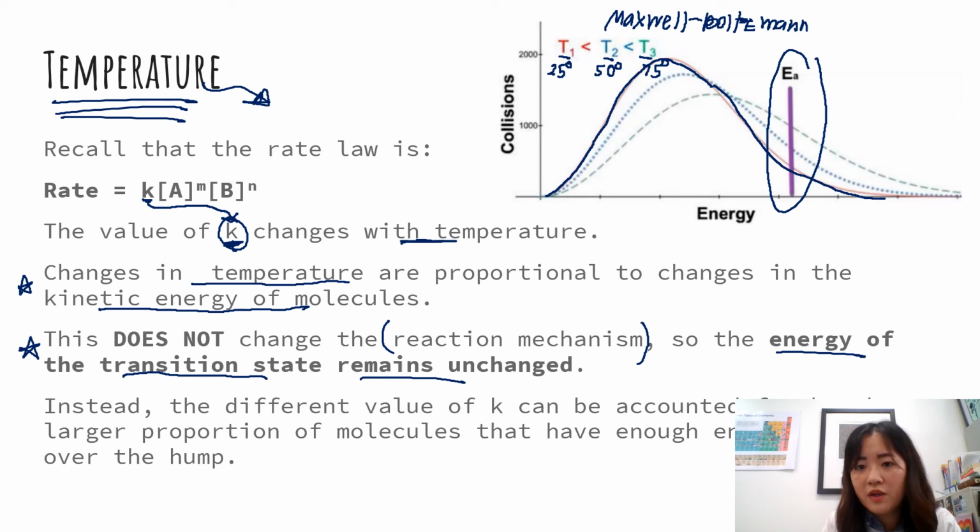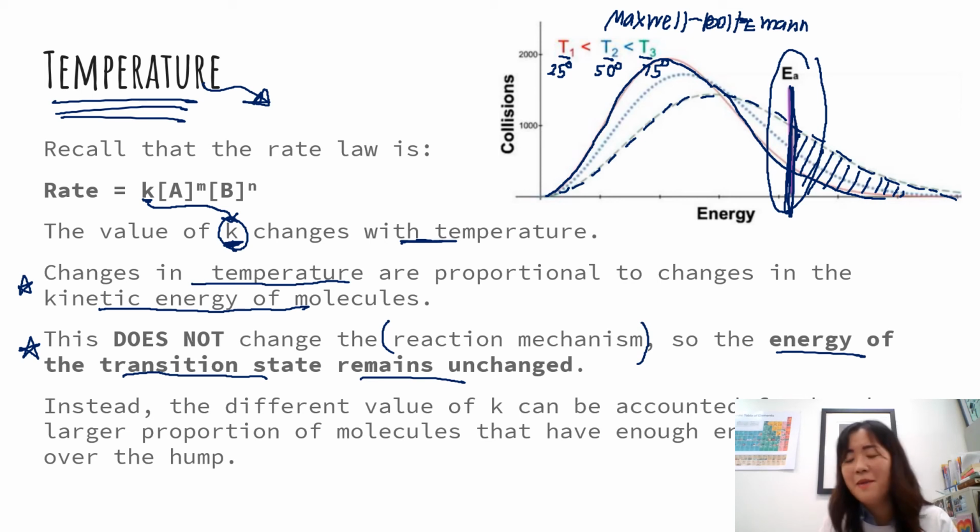Look at T3, where you can see the curve flattening out. The number of molecules is the same, but more molecules are passing that activation energy line. So when you are dealing with a hotter temperature, the collisions have more energy, and more of those molecules make it past the hump of activation energy and turn into products, okay?